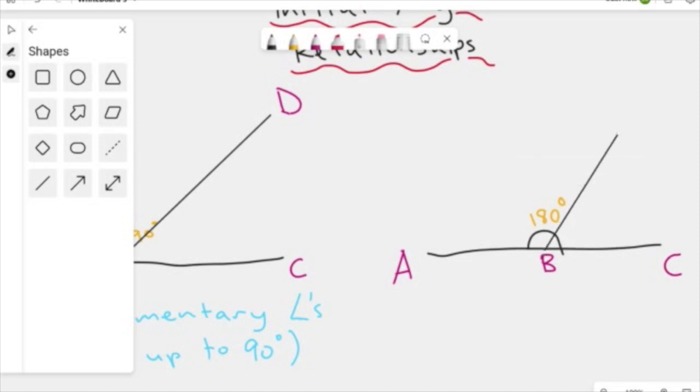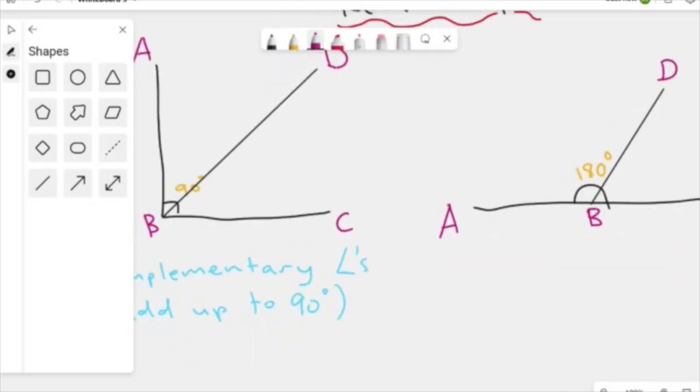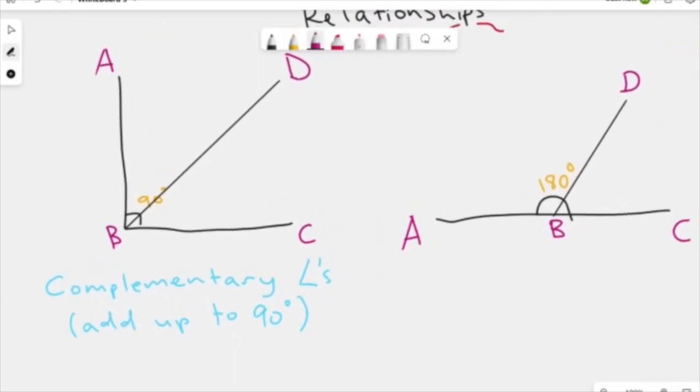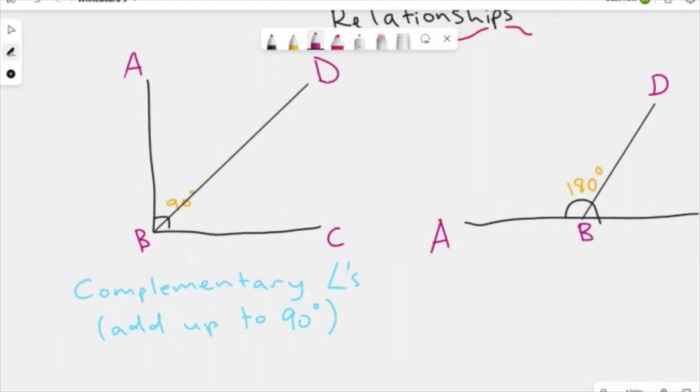Now, once again, I'm going to label this side D, or this part of the line. And I'm going to write a bit of mathematical angle notation to get you used to writing these. But in my left-hand side, when we write angles, because I want to show this angle here, I'm going to write this angle sign.